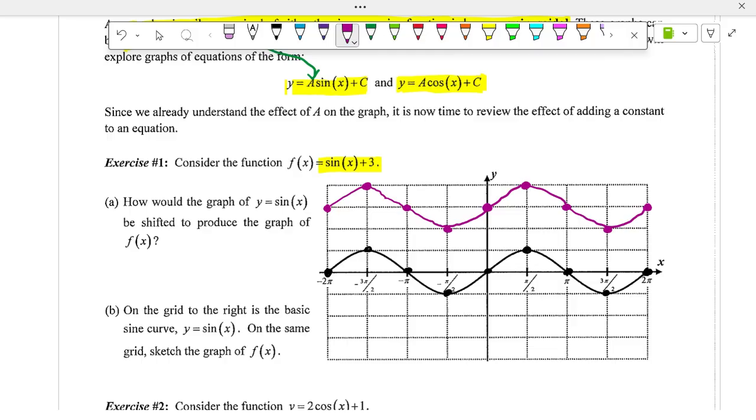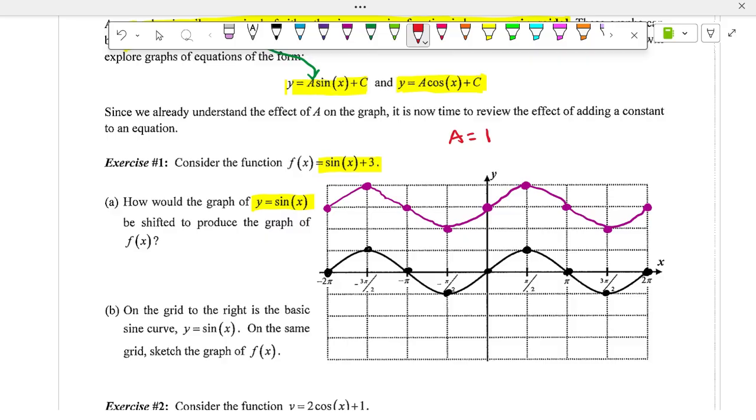Did the amplitude change between the two graphs? So did it look like it's getting taller or thinner? No. The amplitude is the same for both of these graphs, but what is it? A in this case is equal to, if there's nothing in front of it, what's the unspoken number? 1. So the amplitude for both those graphs is 1.